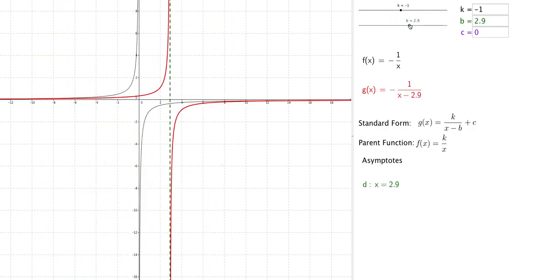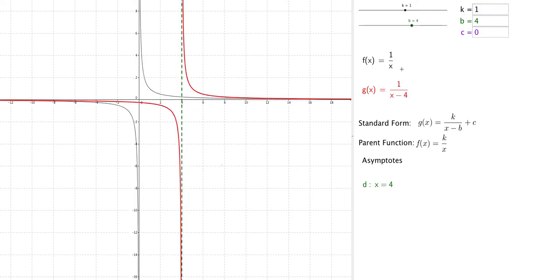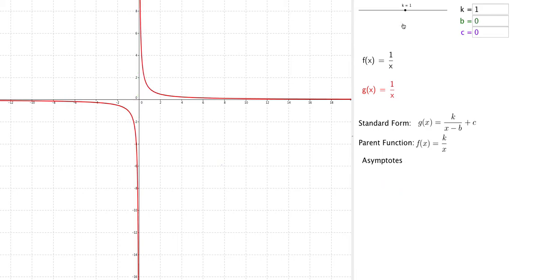Also notice how the equation is changing. Let's change k to positive 1, just so that it's easier to look at. If b is 4, we have the same graph as f of x, which is now showing in black, and the red graph, 1 over x minus 4. The way that these two are different is that g of x is shifted 4 to the right. If I shift it back 4, then we have the same equation, same graph.